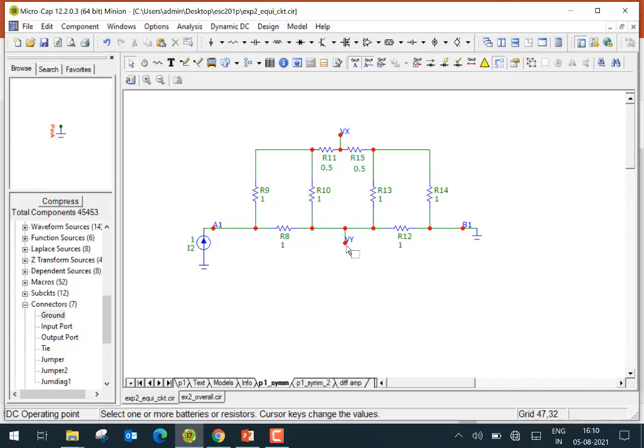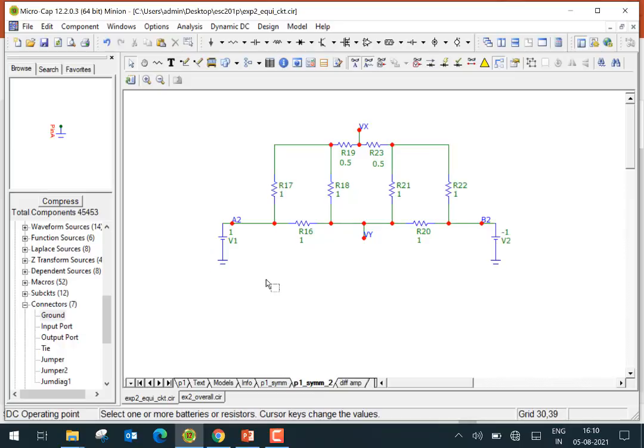Another way of seeing it is, for the same circuit, if I apply 1 volt from here and minus 1 volt from here, the left half and the right half are the same. The effect of 1 volt would be to make this voltage positive, and the effect of minus 1 would be to make it negative. Because of symmetry, the only possibility is Vx equal to 0.